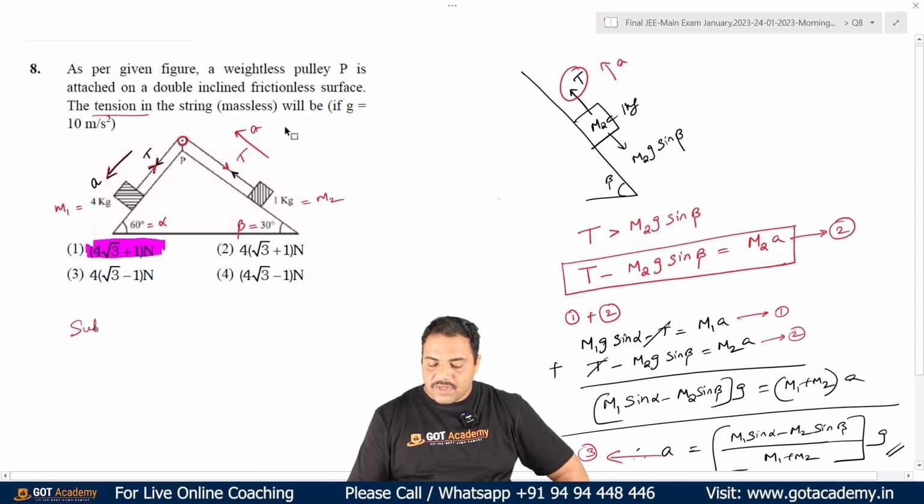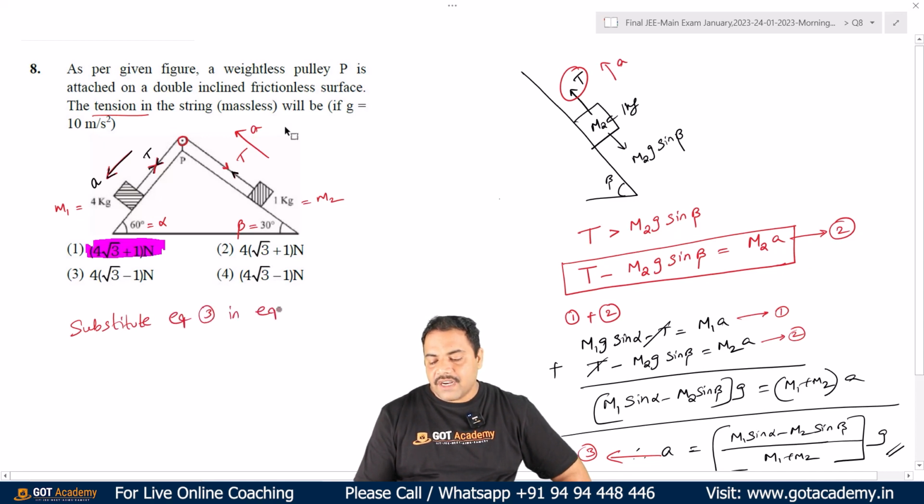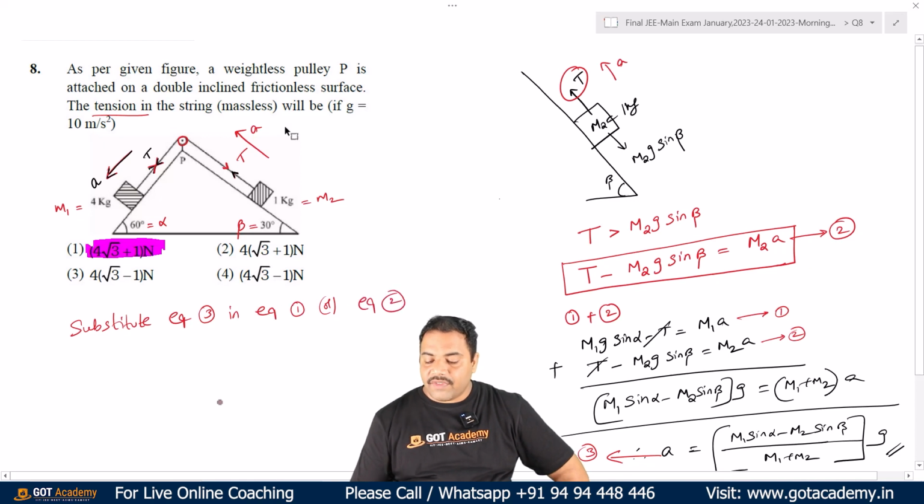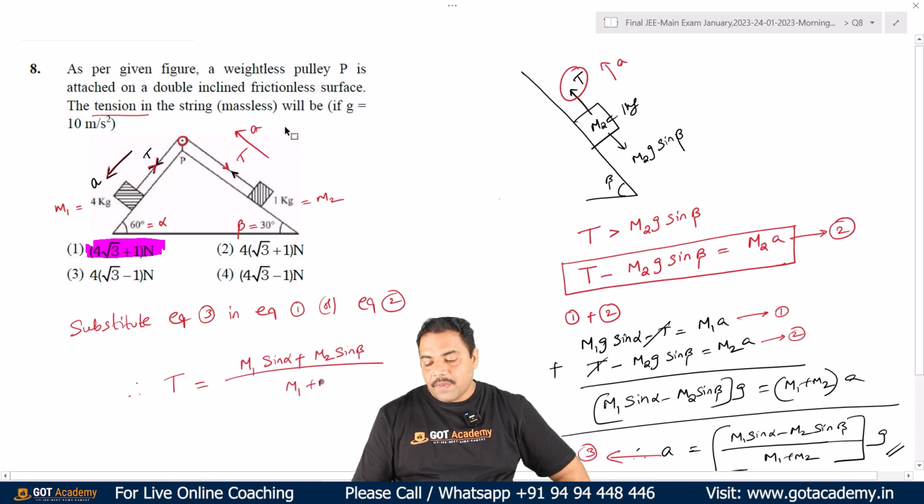Now substitute equation 3 in equation 1 or equation 2. Then what we get is tension T equals M1 sine alpha plus M2 sine beta by M1 plus M2, whole multiplied by g.